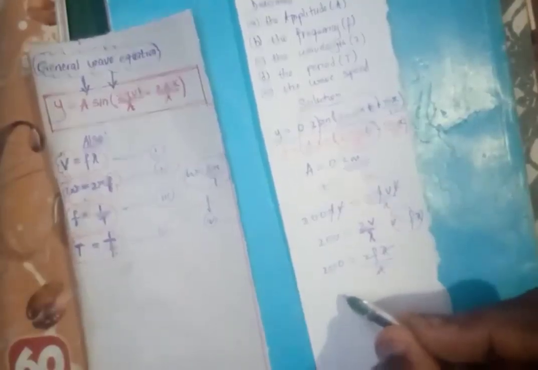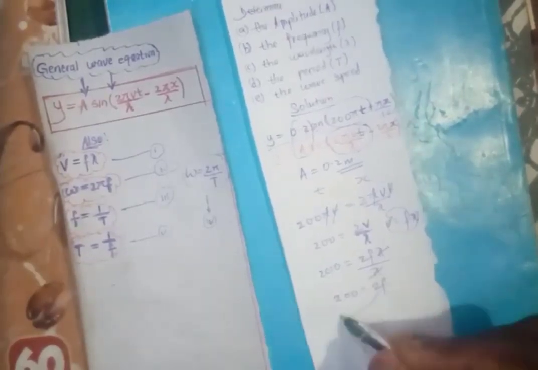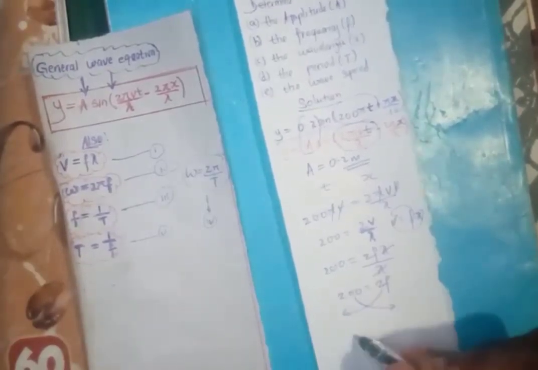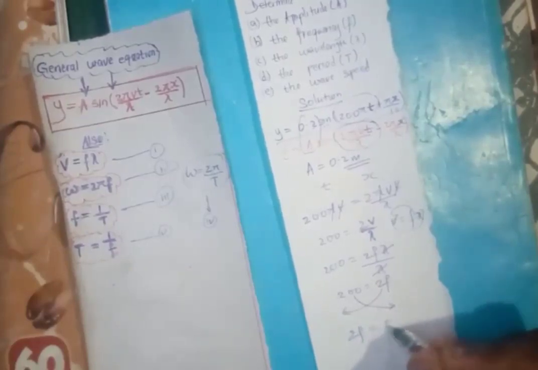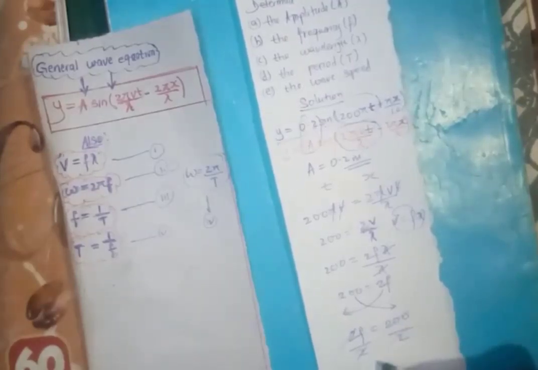So we are left with 200 is equal to 2f. We can take that to the other side: 2f is equal to 200. If we divide both sides by 2, we arrive at frequency is equal to 100, and the unit for frequency is hertz.